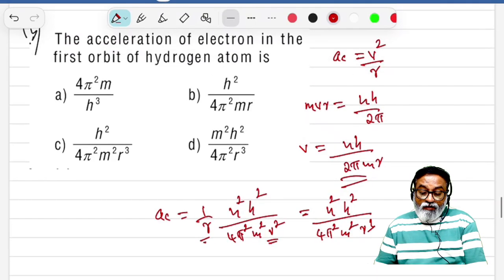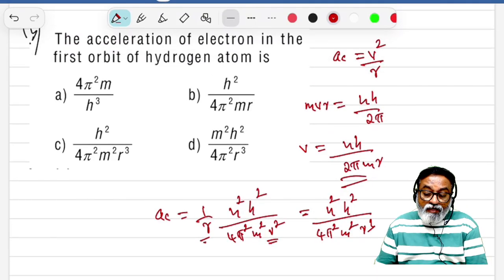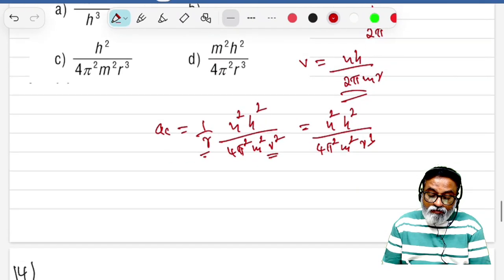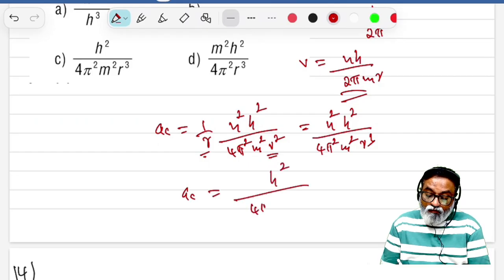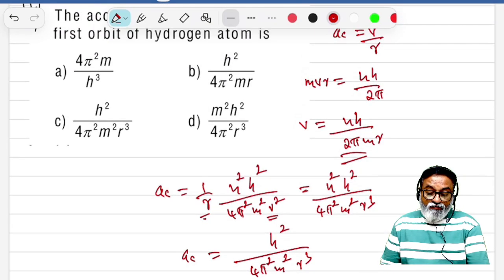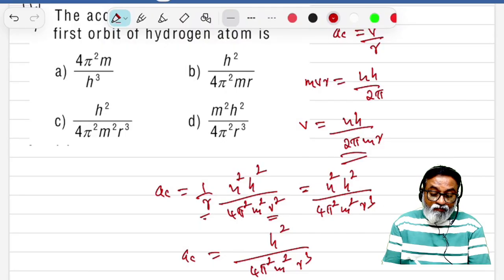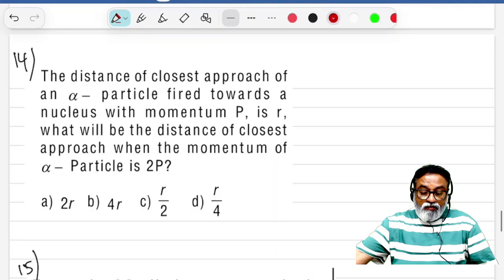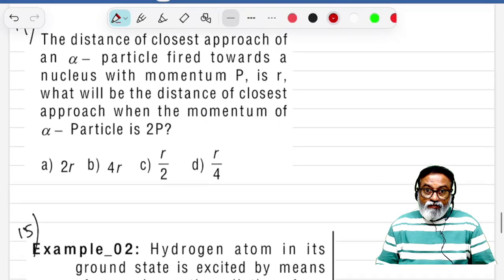Therefore, in the first orbit N is equal to 1. Therefore, this becomes AC is equal to H square by 4 pi square M square R cube. Therefore, answer C is correct.